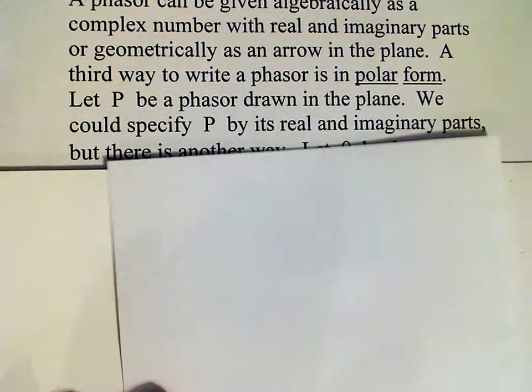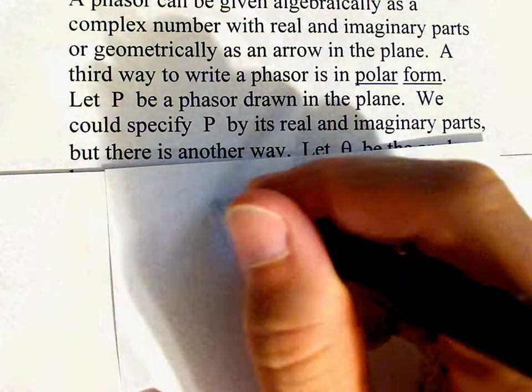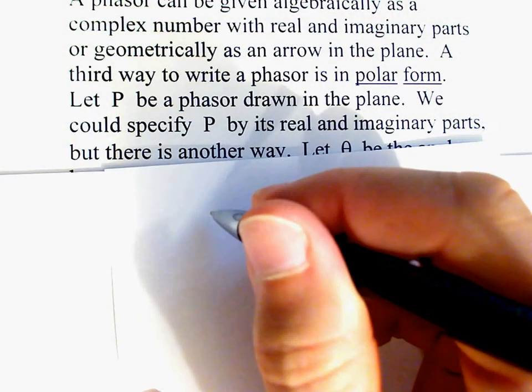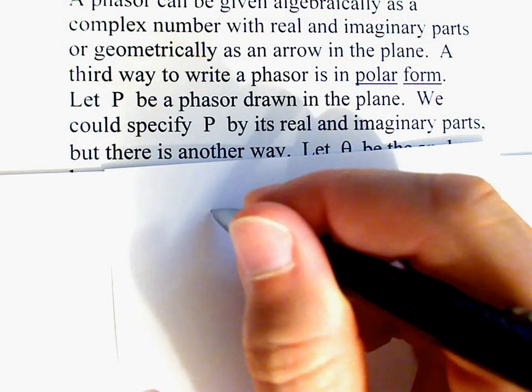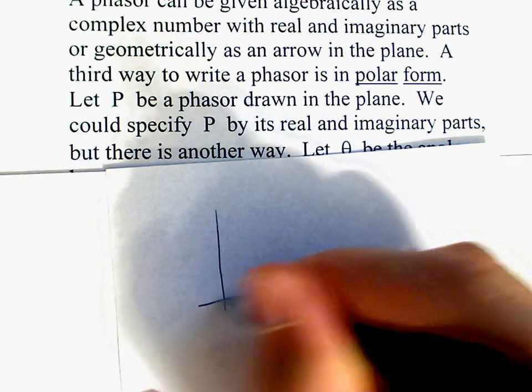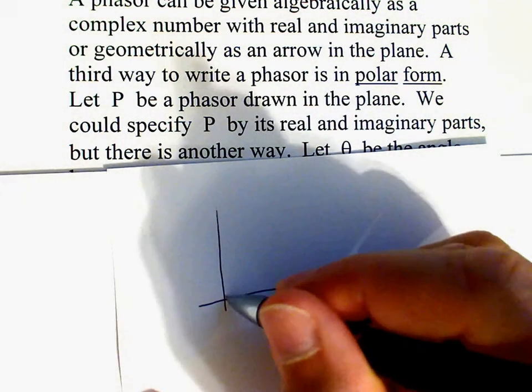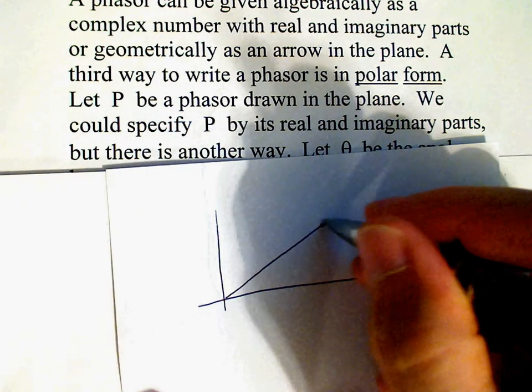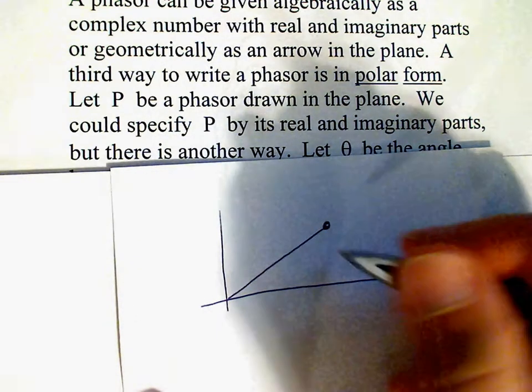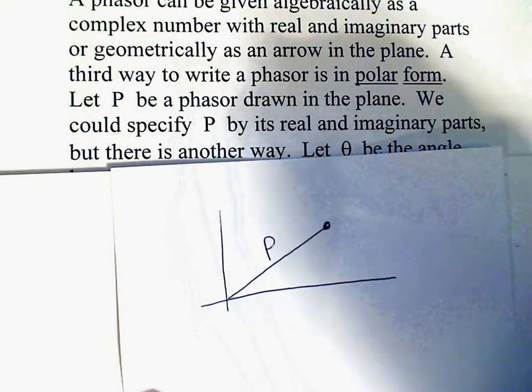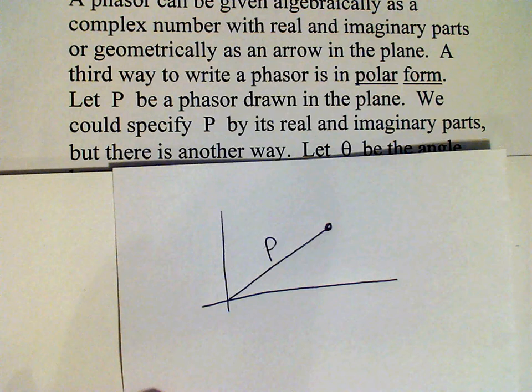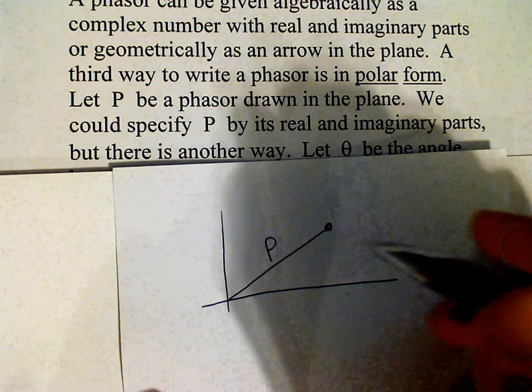Okay, so let's just draw up an example here. Okay, so there's a phasor P, and real and imaginary parts.